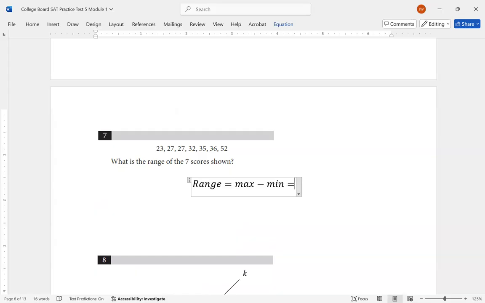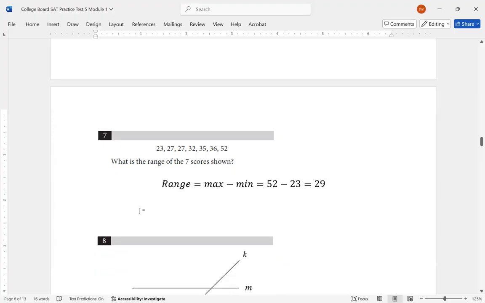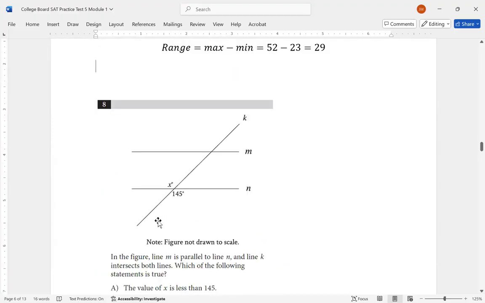In this case, the maximum value is 52 and the minimum value is 23. So if you take 52 minus 23, you'll get 29. And therefore, the range of that set is the number 29. So 29 is the answer to problem 7.